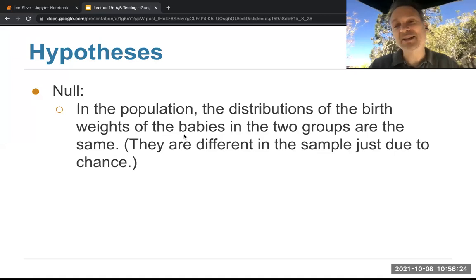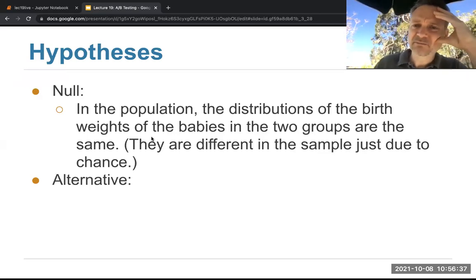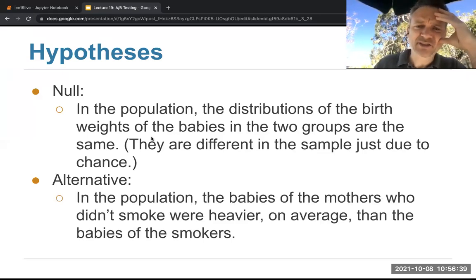So the null hypothesis says, I know it looked like there's a difference in the sample, but that was just random luck, good or bad luck, in who happened to show up in the sample. The alternative hypothesis says, nah, the null hypothesis is wrong. It's not the same distribution.